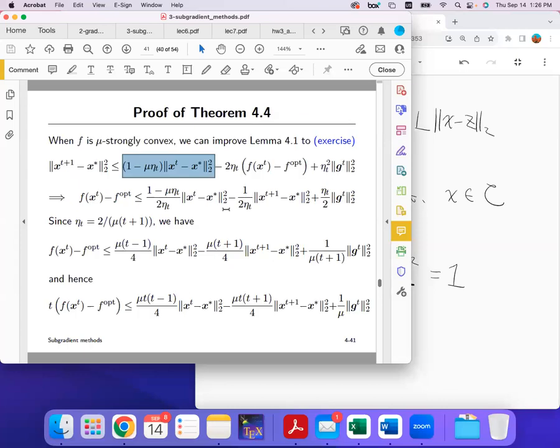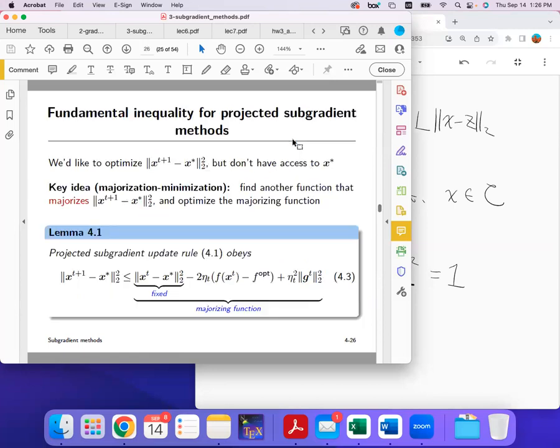I will not go into details, but they are easy to follow. The main point is that this term can be further improved. Why?